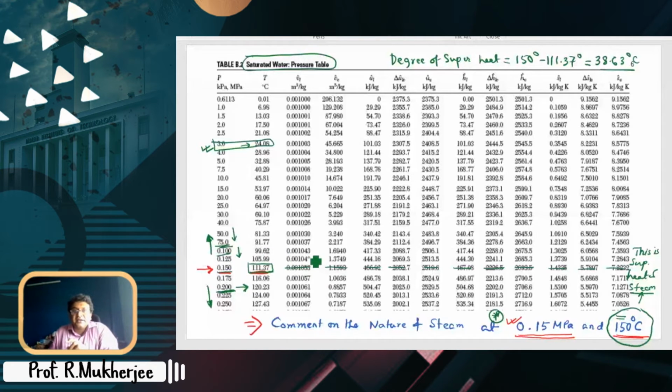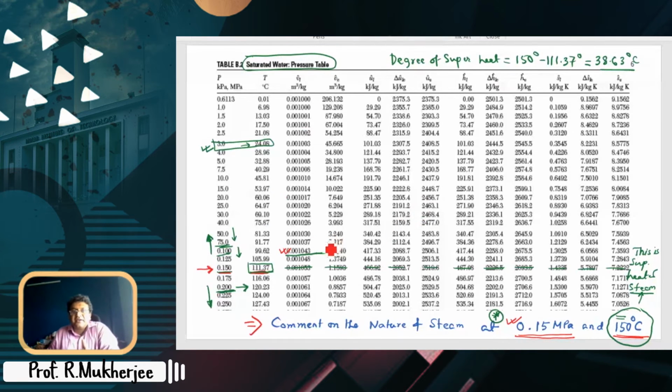if you have water, your specific volume is this. For the liquid, this is the specific volume. So let's say we have water at 100 degrees centigrade, 1 atmospheric pressure. I am keeping it as of now for simplicity.